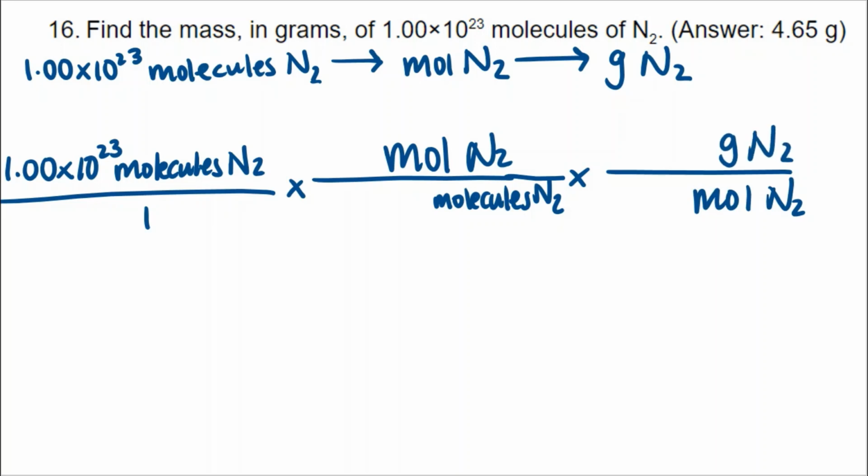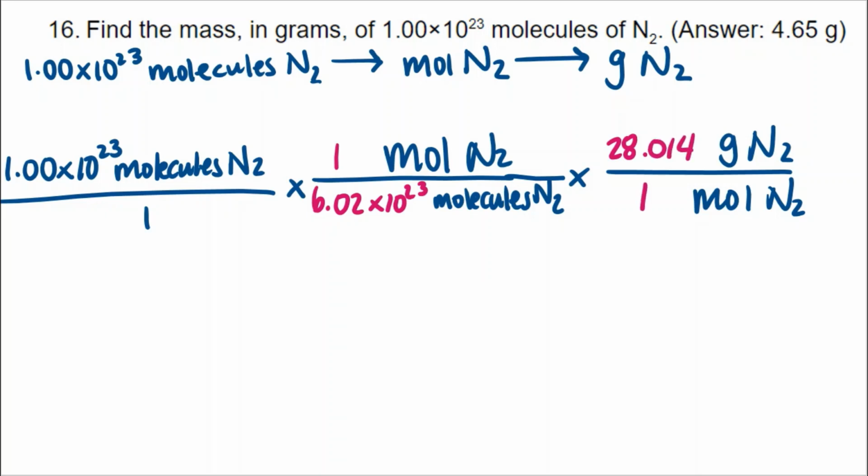So my first conversion factor is moles and molecules. So 1 mole is always 6.02 times 10 to the 23rd molecules. The next one that we have is grams and moles, and we already found the molar mass of nitrogen on the previous slide. So I'm just going to fill that number in here.